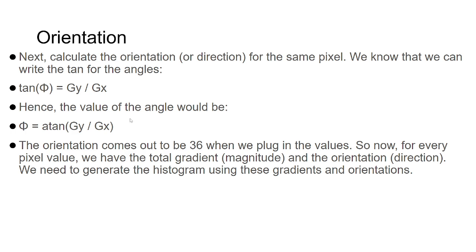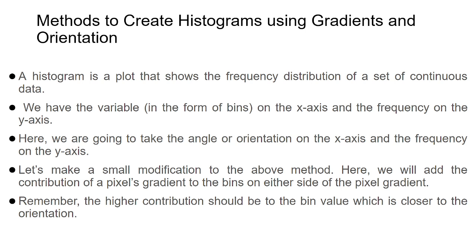Hence the angle is the arctan of this same equation, and the orientation comes out to be 36 when we plug in the values. So now for every pixel we have a total gradient and an orientation, and we need to generate the histogram using this gradient and orientation. There is a method to create the histogram using the gradient and orientation.